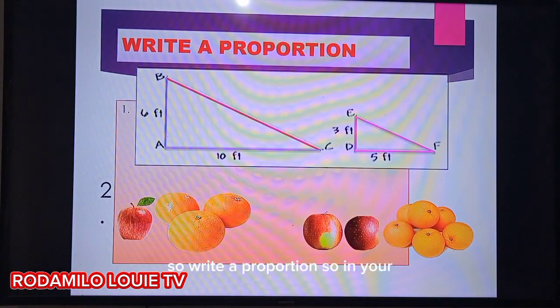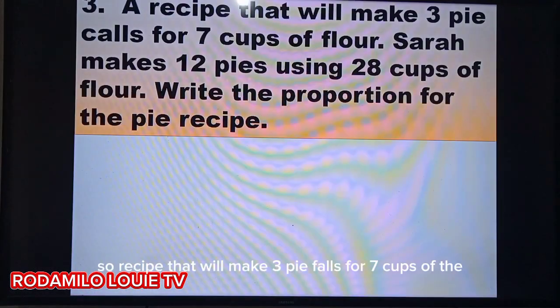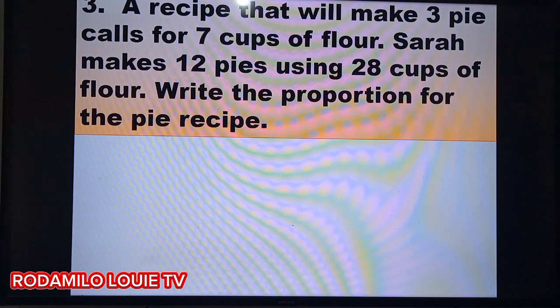Write a proportion. In your notebook or paper, try to solve that one, class. A recipe that will make 3 pies calls for 7 cups of flour. Sarah makes 12 pies using 20 cups of flour. Write the proportion for the pie recipe.